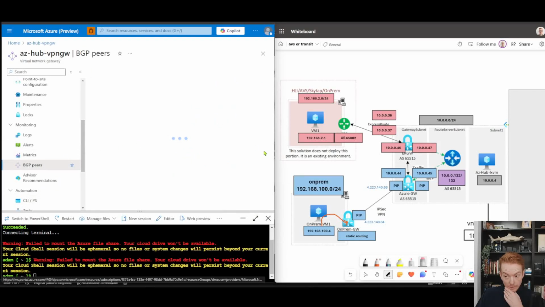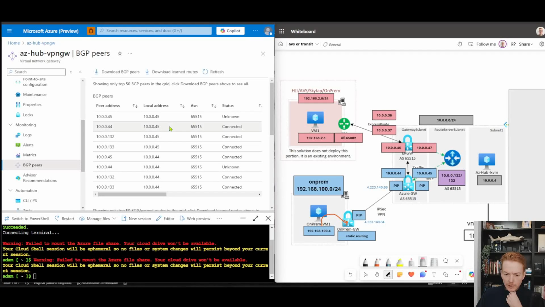So remember, I'm not using BGP to any external networks from that blue VPN gateway in Azure, but we will see some BGP peers here. And actually this is interesting, right? You see the BGP peers to the route server. So we've not revealed any platform underlying information here.